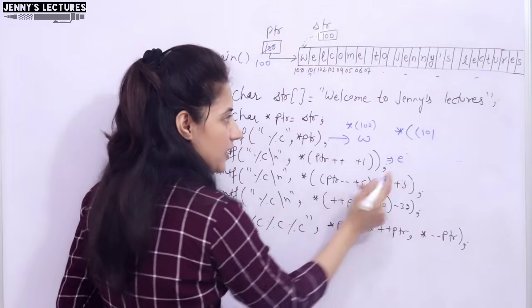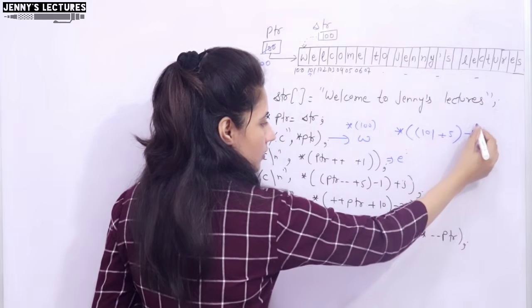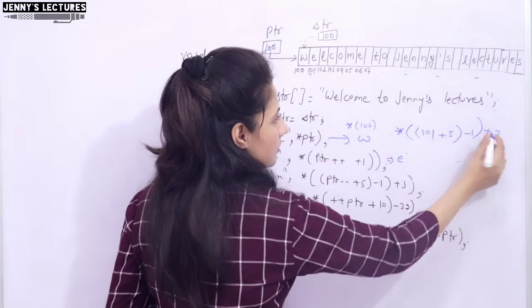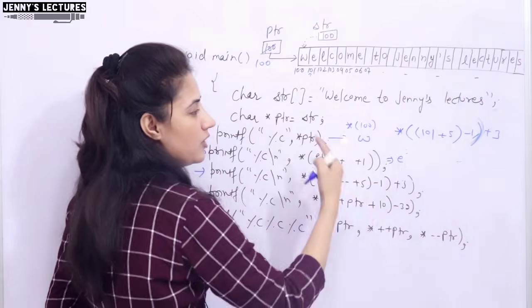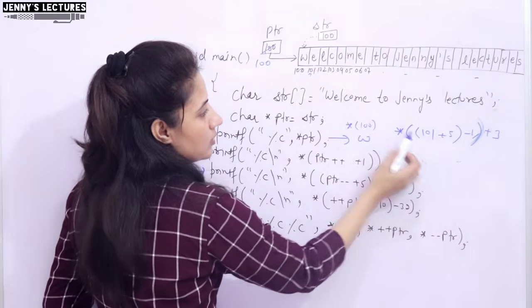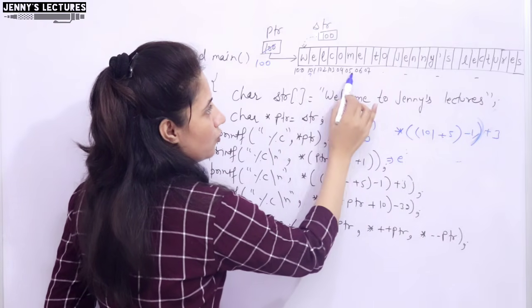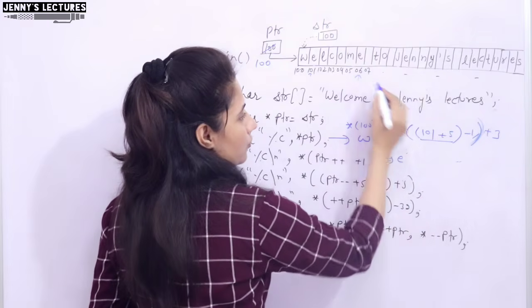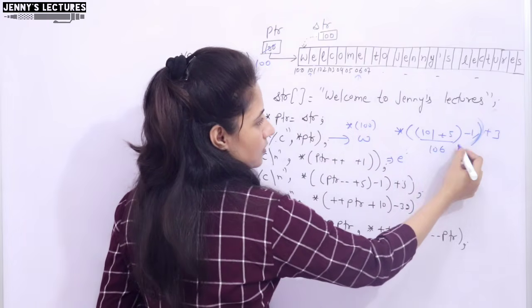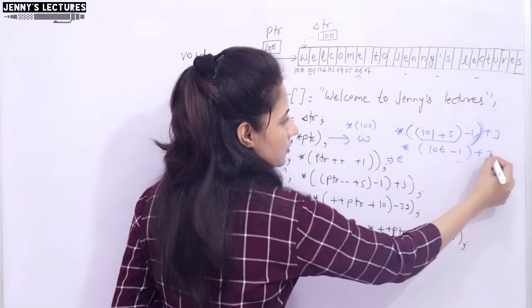But in this expression we will use the original value, that is 101 only. So 101 plus 5, here we have minus 1, and then we have plus 3, right? Plus 5 means 5 locations forward, so 101 plus 5 means 1, 2, 3, 4, 5, here E. Now here we have 106 minus 1, here we have the asterisk, here we have plus 3.